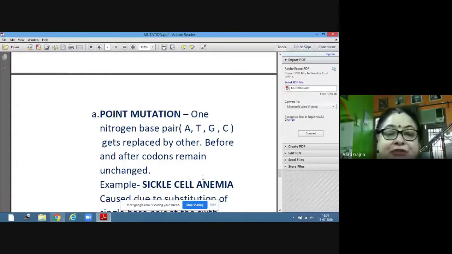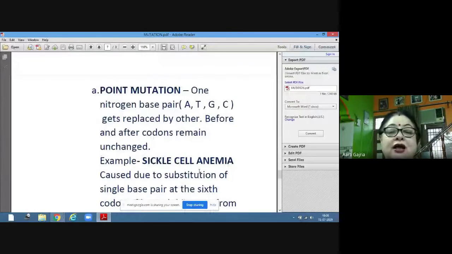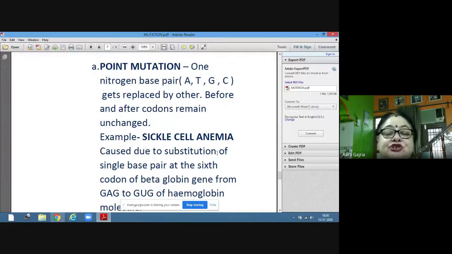Now, what happens in sickle cell anemia? It is caused due to substitution of a single base pair at the sixth codon. Now, what is a codon? A codon is a triplet. Three nitrogenous bases form a codon. We will study all these things in the next chapter.